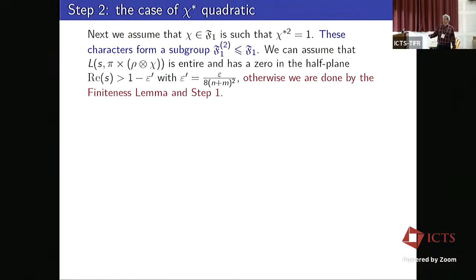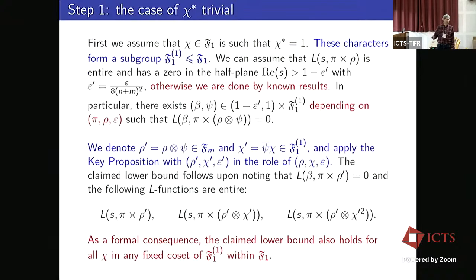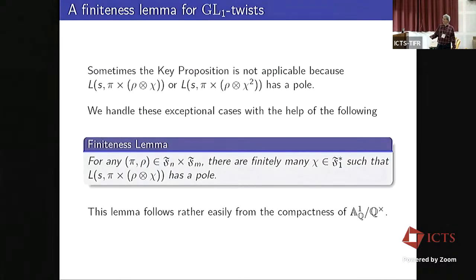then by the finiteness lemma, chi lies in finitely many cosets, depending only on pi and rho, of the previous subgroup. So remember, in the finiteness lemma, we determined there are only finitely many choices for an element of F1 star so that the twisted L function has a pole.